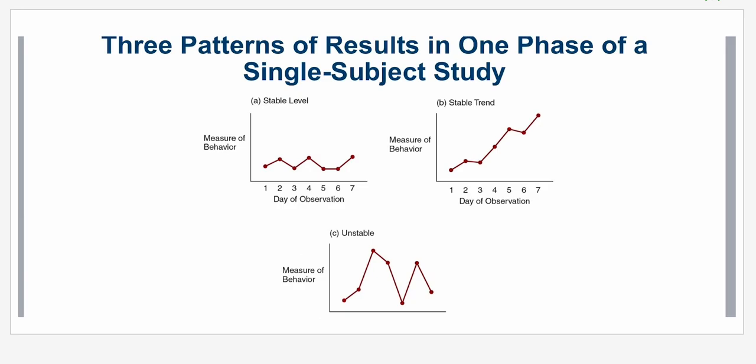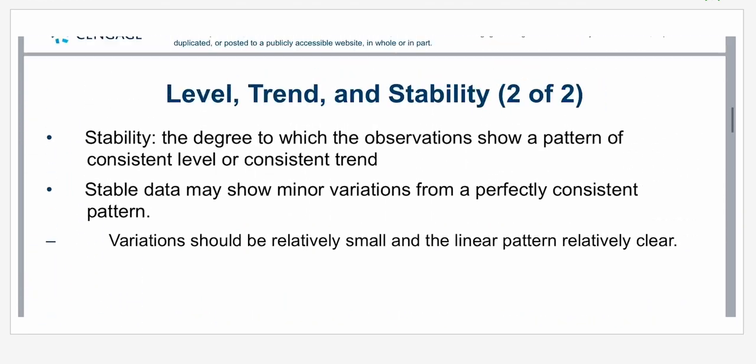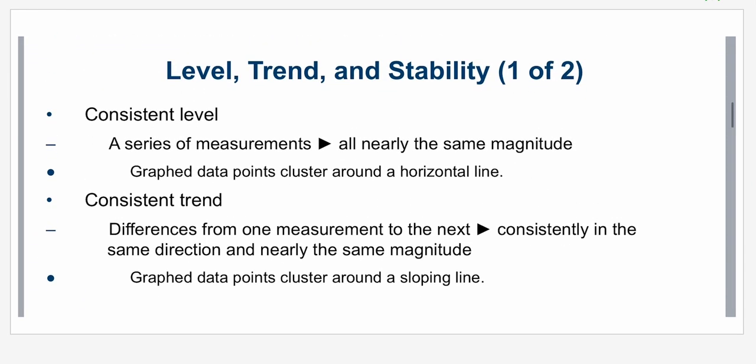Of course, behavior is going to vary. Each day here, they've measured one day, each day for a week. And each data point varies a little, but they all are generally around a similar line. It's not like on day 4 or 7, it goes all the way up to the top or something crazy, right? And so that would be consistent level.